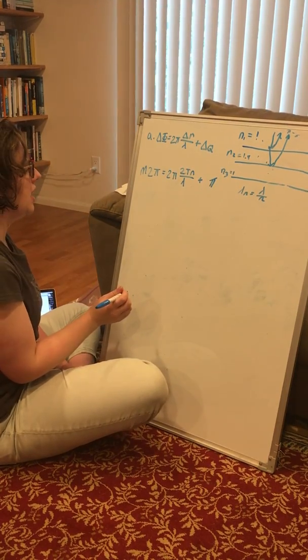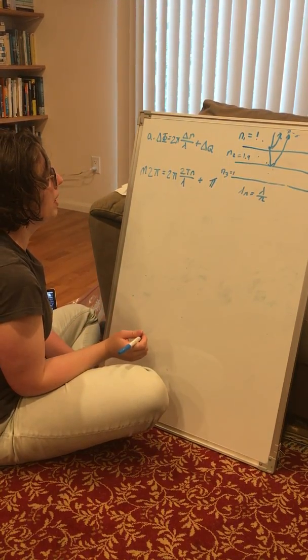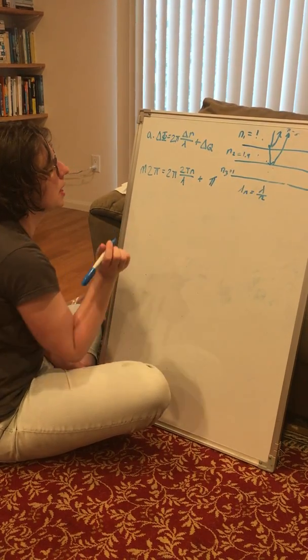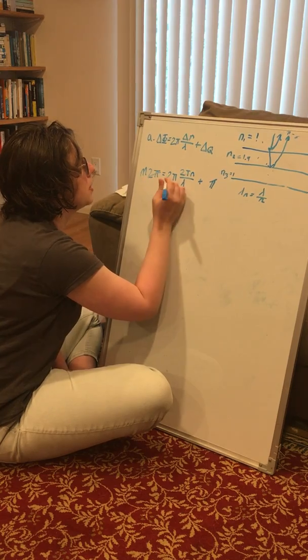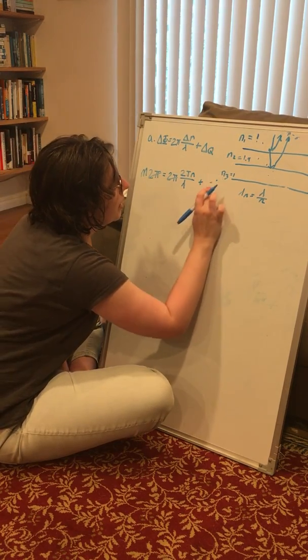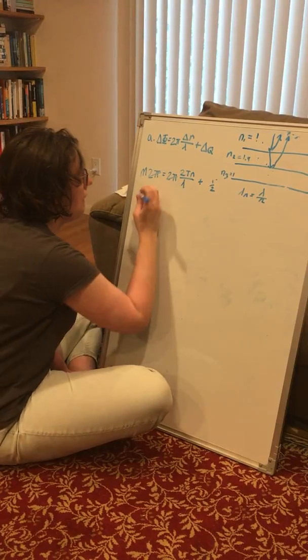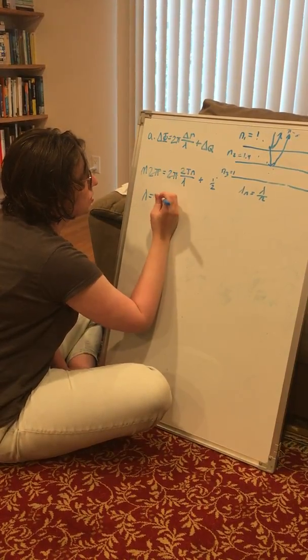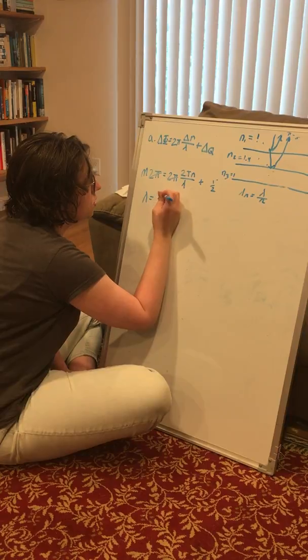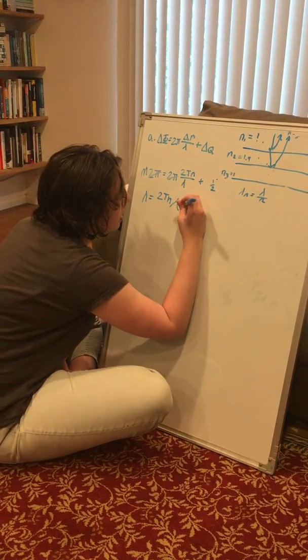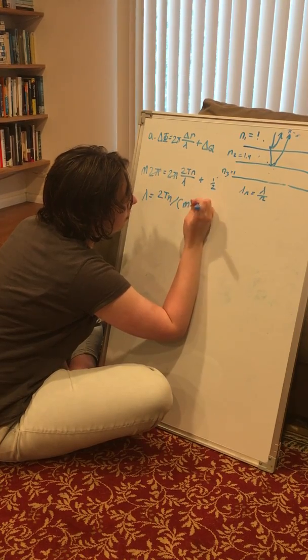Now, we're interested in what visible wavelengths have constructive interference, so we want to be solving for lambda. So that's pretty straightforward. We just cross off pi, this, and then lambda equals 2t n over m minus 1/2.